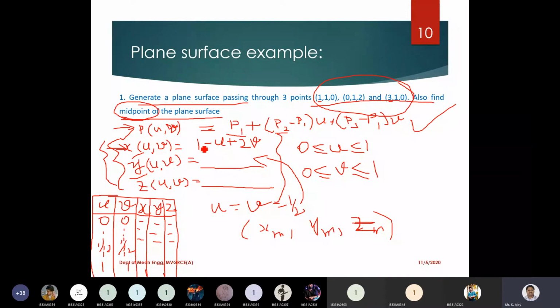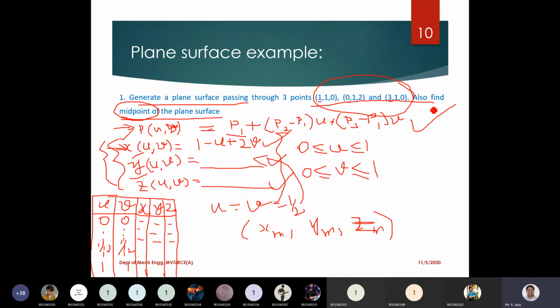Nothing but instead of P1, P2, P3 you get x1, x2, x3 in case of the x equation. Similarly, for y, z equations make use of the corresponding y and z coordinates. So all three scalar forms will come in terms of u and v. That represents the parametric equation corresponding to this particular plane surface.